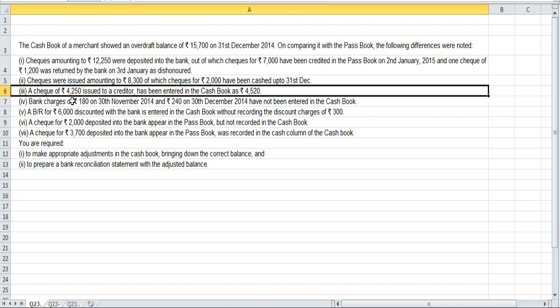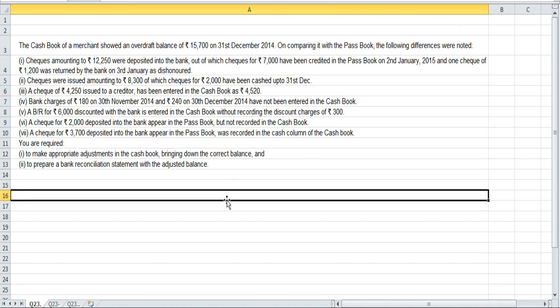A check for 4,250 issued to a creditor has been entered in the cash book as 4,520. So you have issued a check for 4,250 and you have written it in the bank column, but in the cash book, what mistake have you done? You have entered it as 4,520.